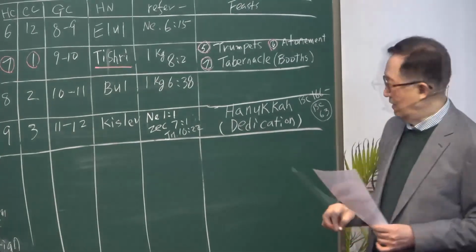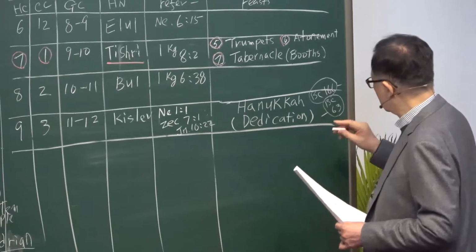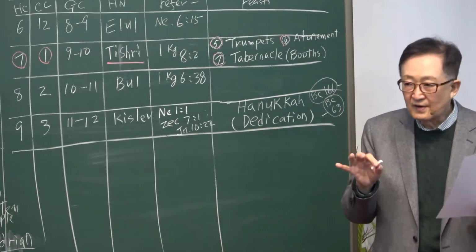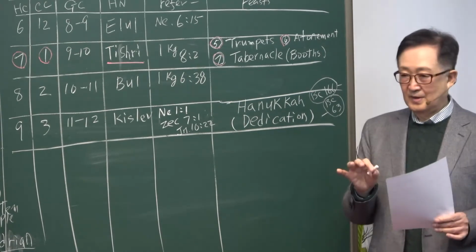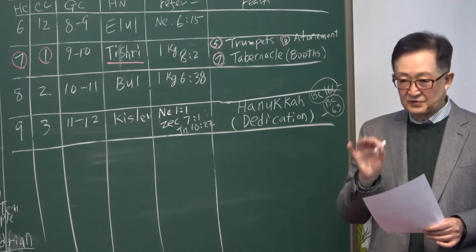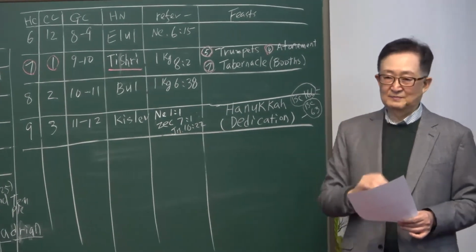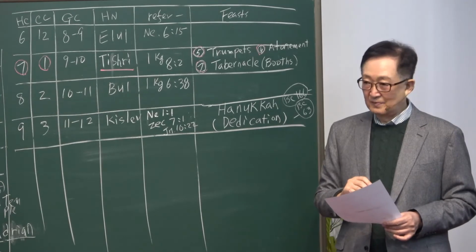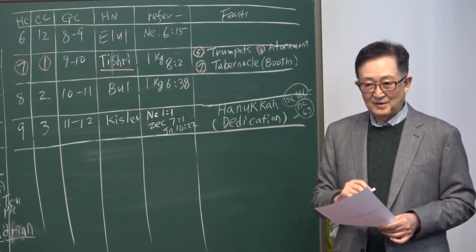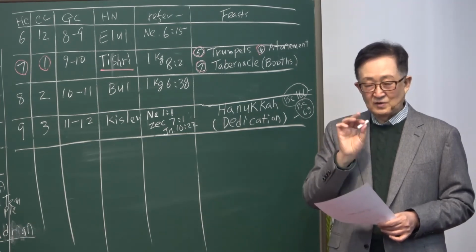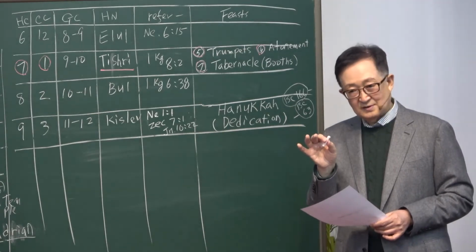From BC 166 up until 63, about 100 years in the history of Israel, for the first time in their history, the nation was totally independent, not controlled by any foreign forces.